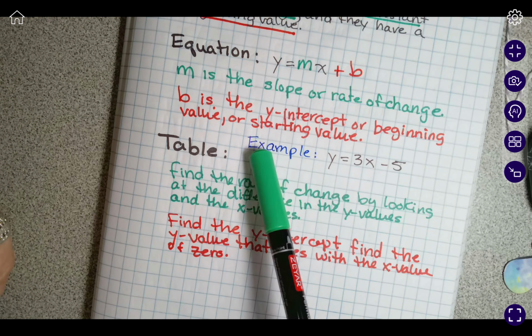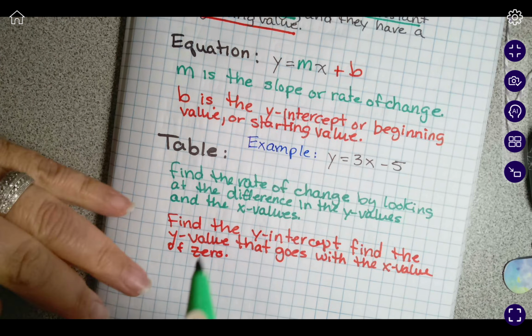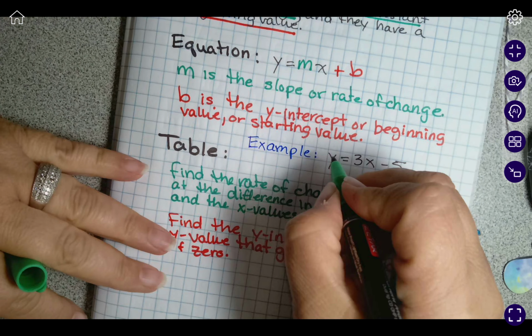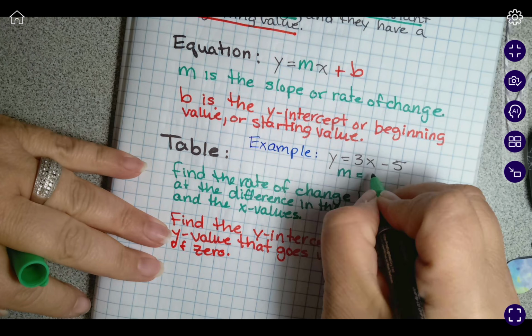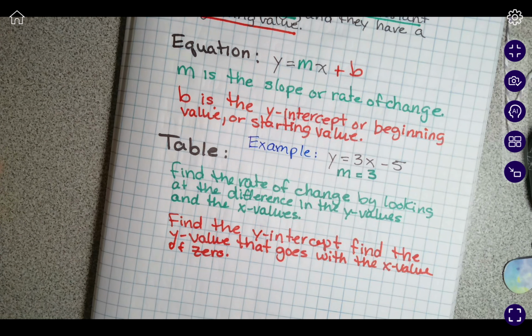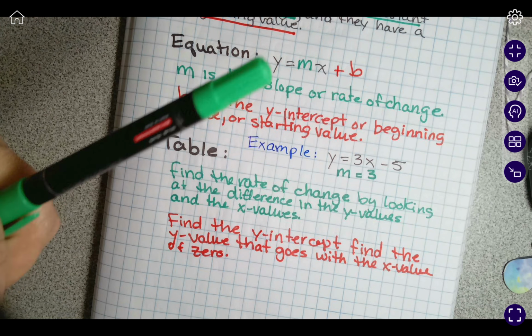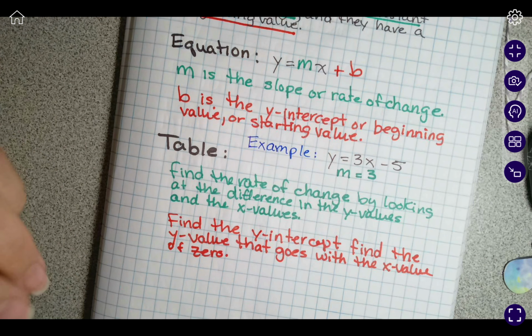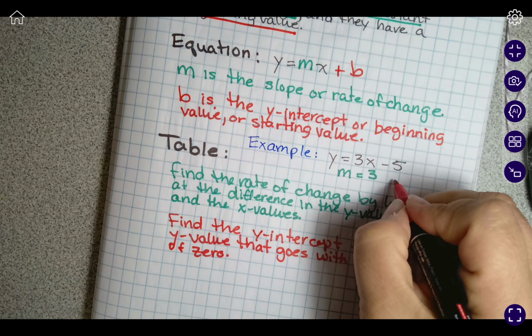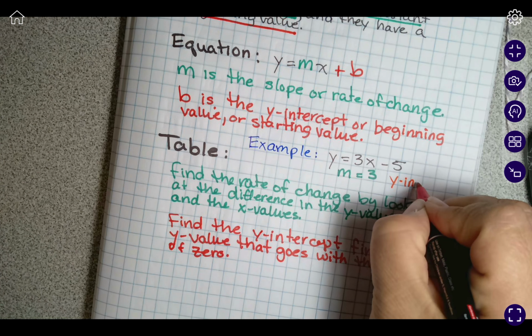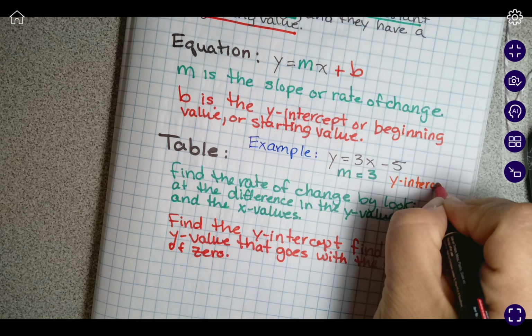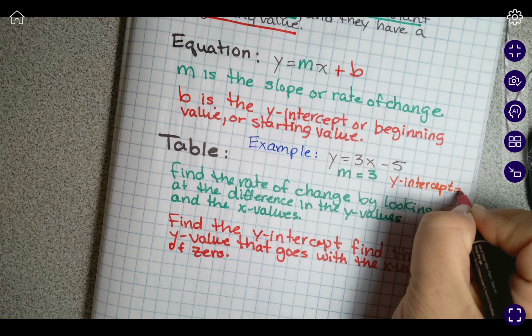So for this equation, the slope is 3, and your y-intercept is -5.